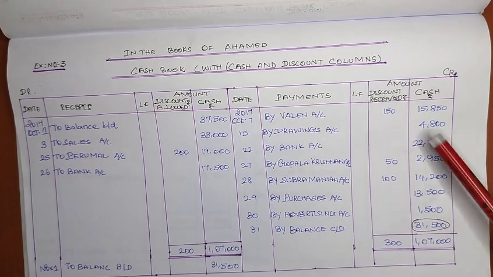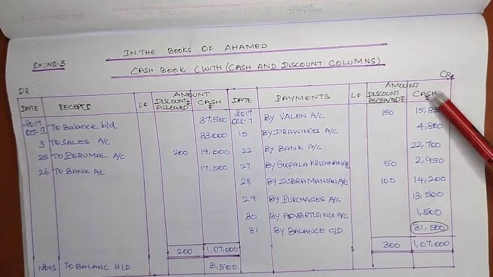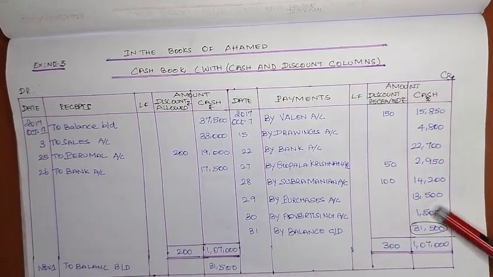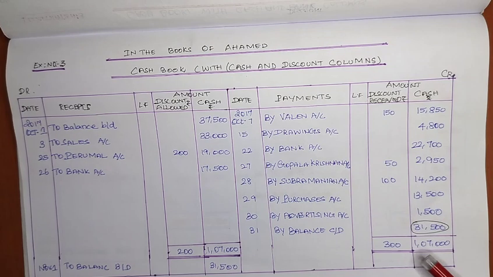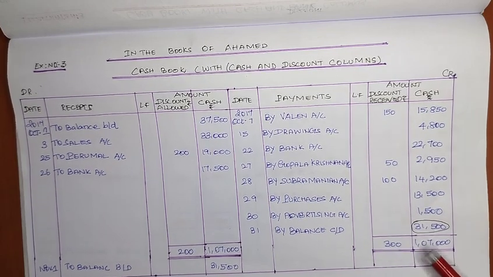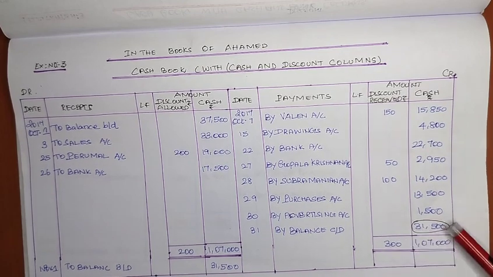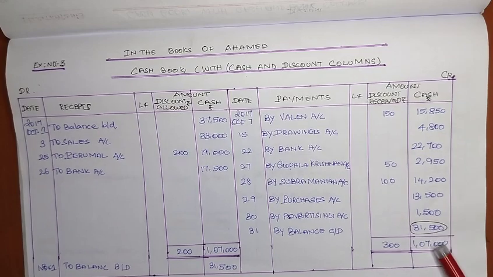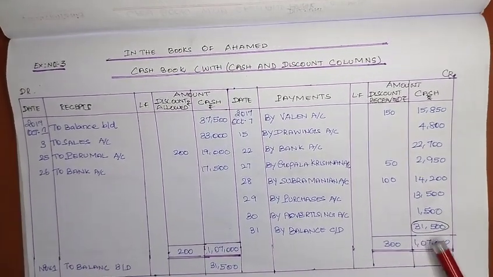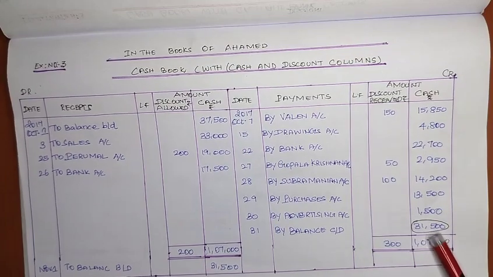Then which side has the less value? Of course, the credit side has the less value. We find the total of the lesser value from the credit side. Then we have to subtract that lesser value from the total 1,07,000. What we get? We will get 31,500. This is the difference. That difference value we have to enter into the lesser side, that means the credit side.